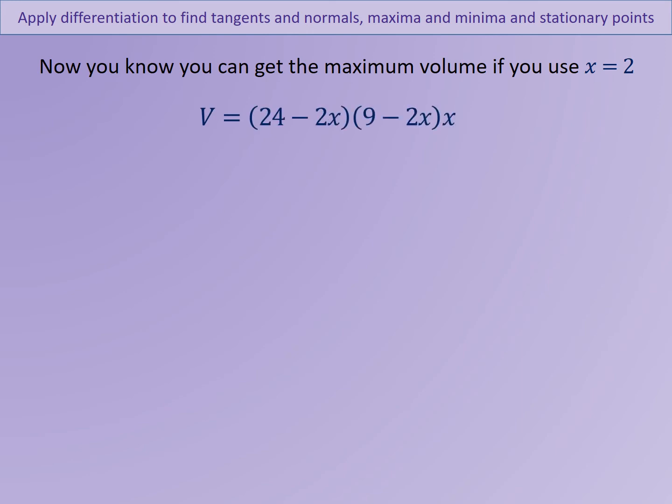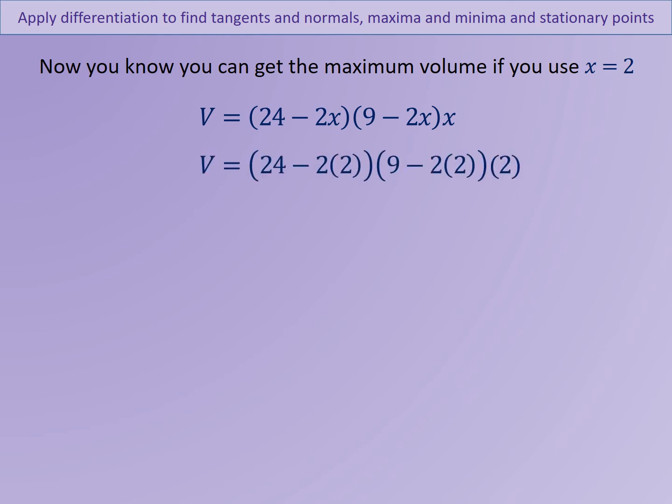So now we know we are going to get the maximum volume if we use that value of x equals 2. I can now place that back into my original equation to find that maximum volume. What is the maximum volume that I am going to achieve from that box? It's going to be when the squares that I cut out from the corners have length and width of 2.